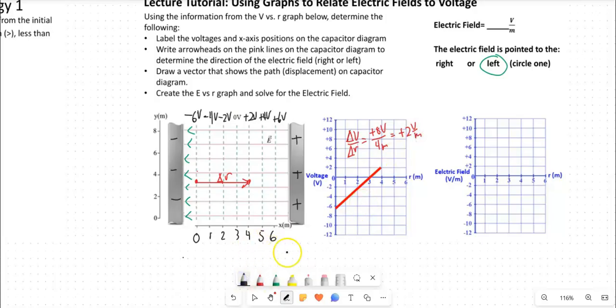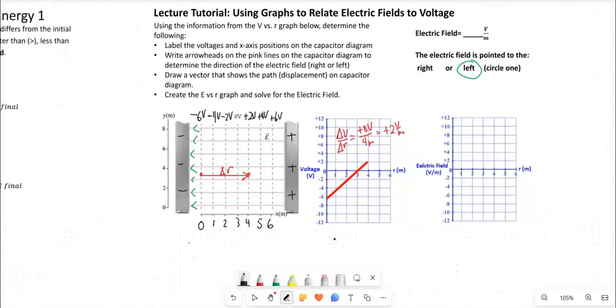But you have to remember that delta V is equal to negative E dot delta R, right? And so delta V over delta R is equal to negative E, and then you multiply that negative against both sides, and you get this.